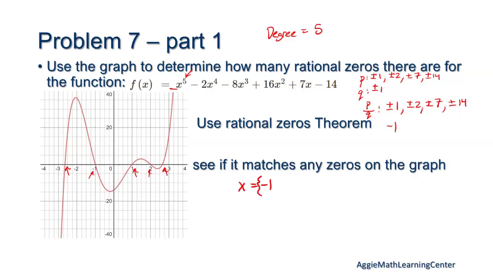We have 1, which is also right here. So that matches here. We have 2, which matches right here. And we have 2 point something, which is also not in our rational zeros list. So we have our set of x's that are rational zeros, which is -1, 1, and 2. So we have 3 rational zeros.